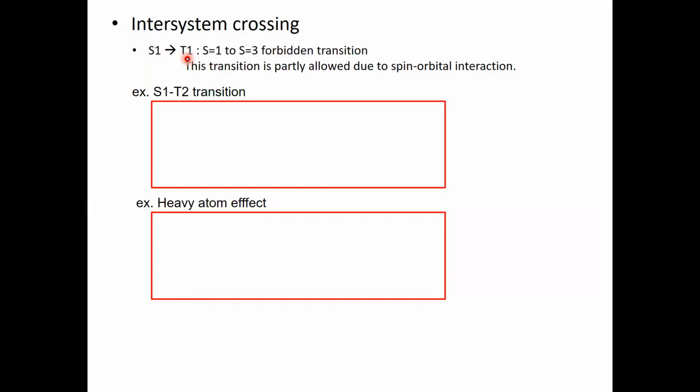So this is a forbidden transition based on quantum theory. However, this is still true, but this transition is partly allowed due to the spin-orbit interaction.